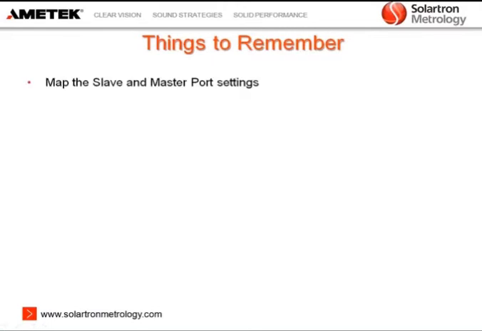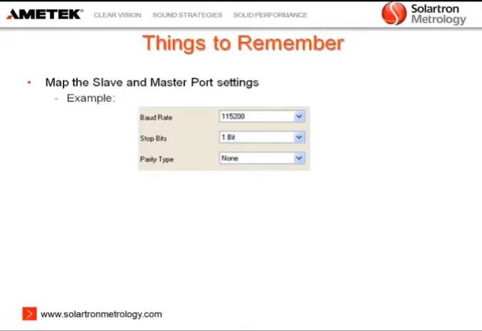The first most important thing is to make sure the slave and the master port settings are matched. What I mean by that is each port setting has a baud rate, you need to select stop bits, and you need to select the parity type. So a PLC and a MODIM should have the same settings. If any of these settings are slightly different, there will be no communication between the two devices. So please make sure these settings are the same on the master and slave devices.